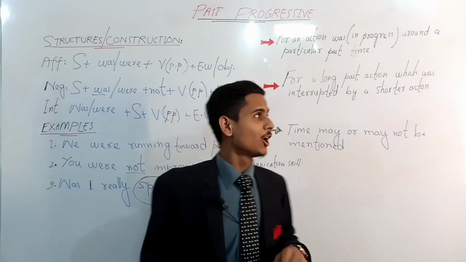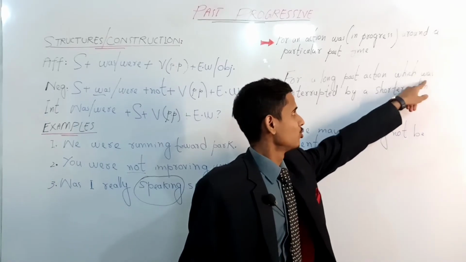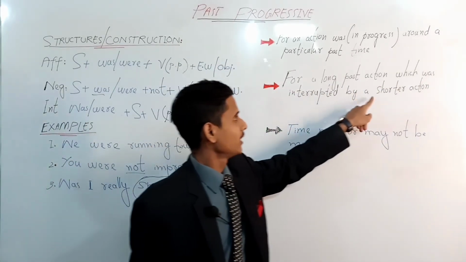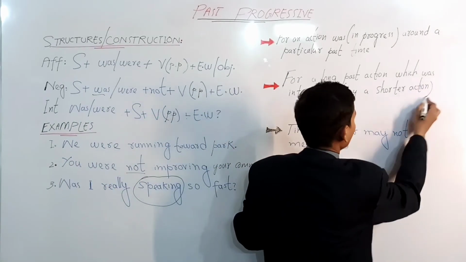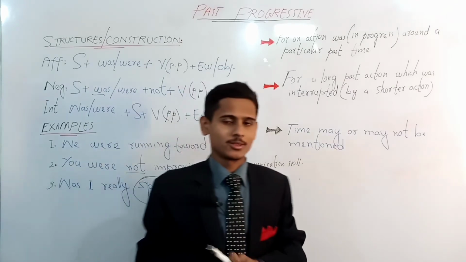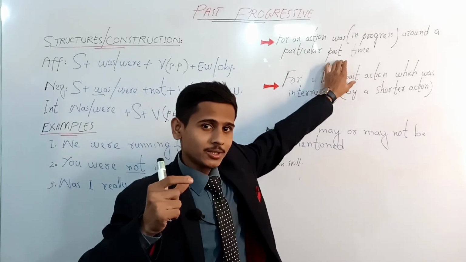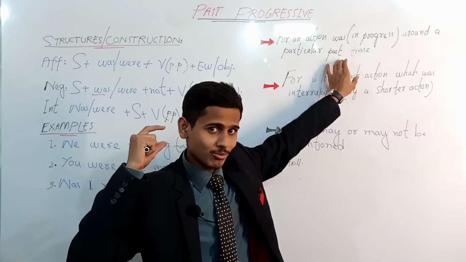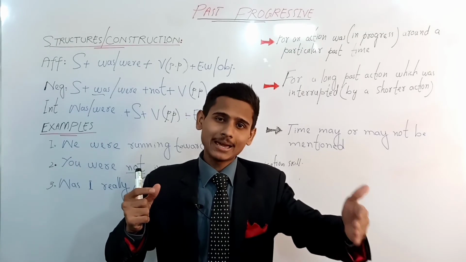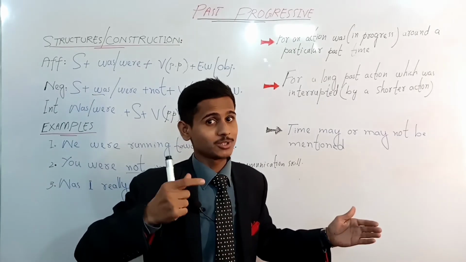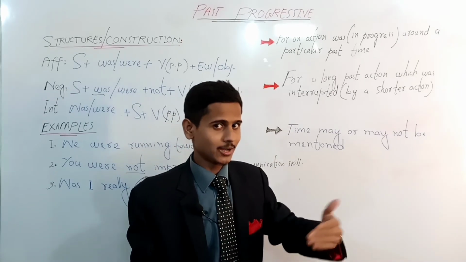Now, moving towards the second one: for a long past action which was interrupted by a shorter action. So here an action was going on in the past, and another action began and interrupted the first one, which was the longer action, while the other one was shorter.